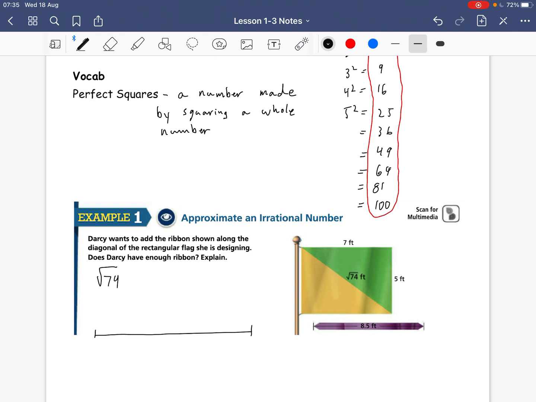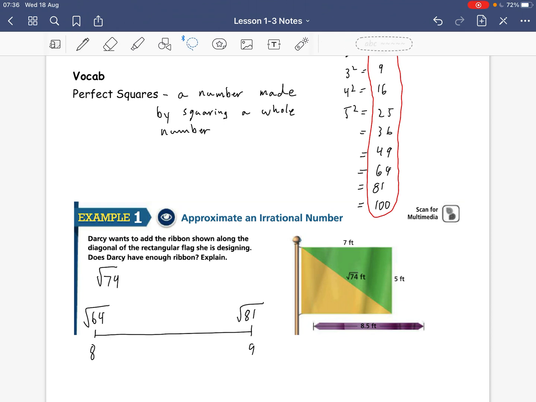And we can think of a perfect square that is less than 74 would be 64, because 8 squared is 64. So we could have the square root of 64. And a number that is bigger than 74, the next perfect square would be 9 squared, or 81.